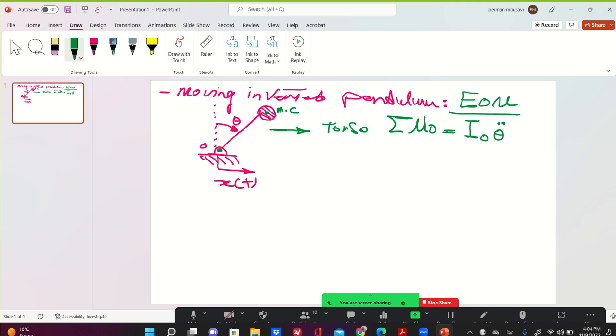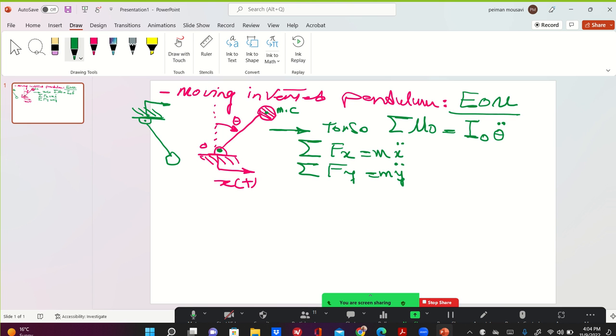So what you're going to do is say the sum of the forces in x direction is m x double dot of the mass center, and the sum of the forces in y direction is m y double dot. Remember, in the previous case, you had your leg on the hip joint that was moving.